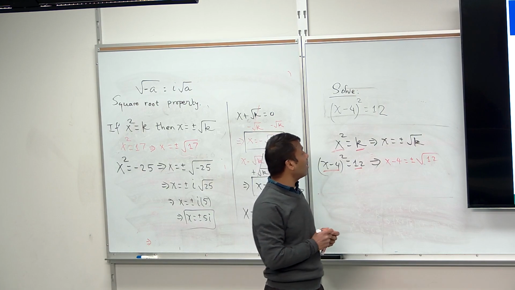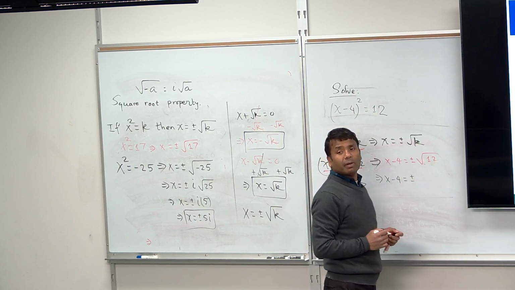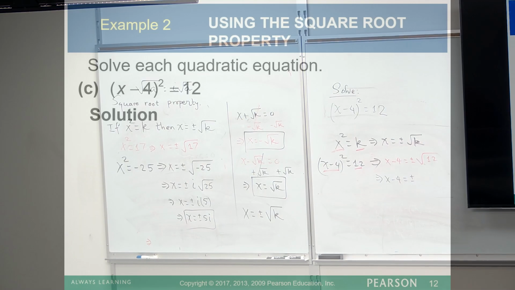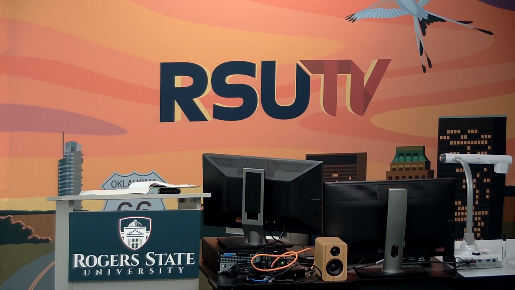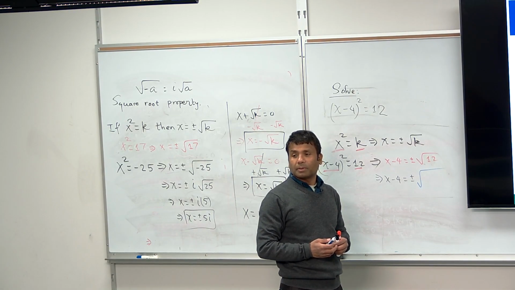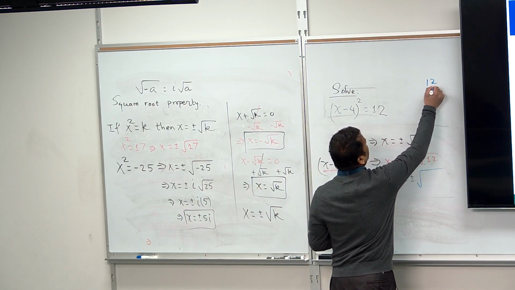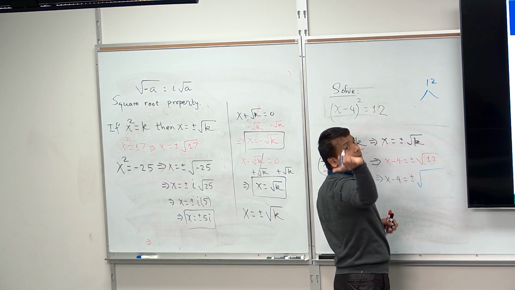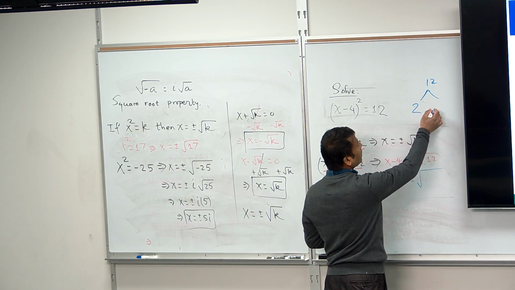So now, x - 4 = ±. Can you simplify √12, please? How do you simplify √12? Can you write 12 as a product of a square number and a non-square number? What are the factors of 12? 2 times 6.